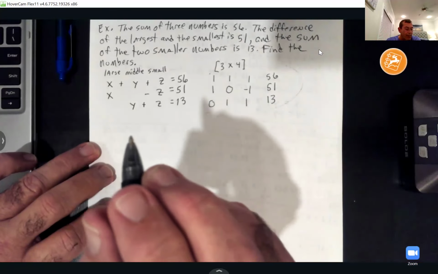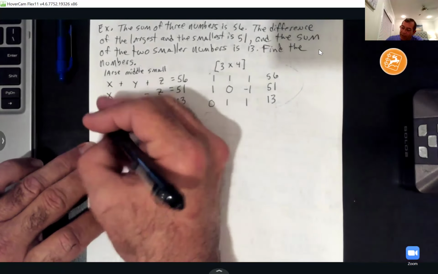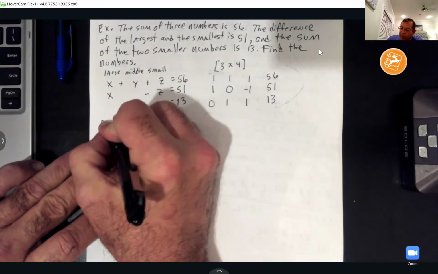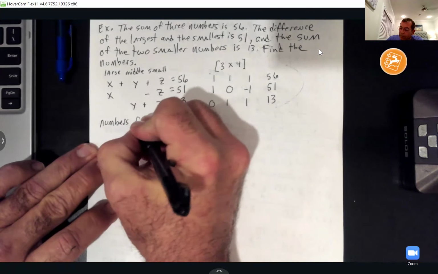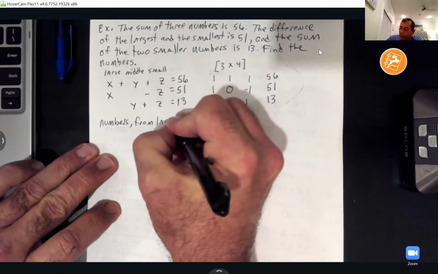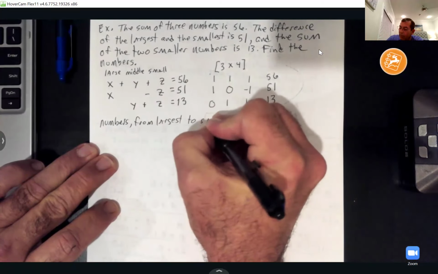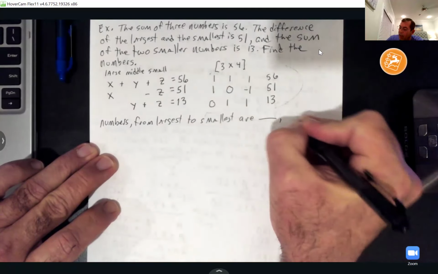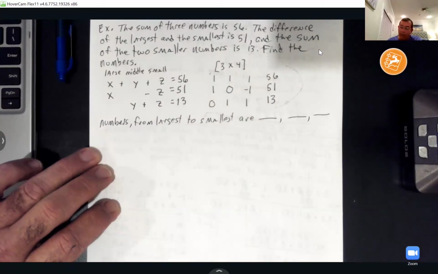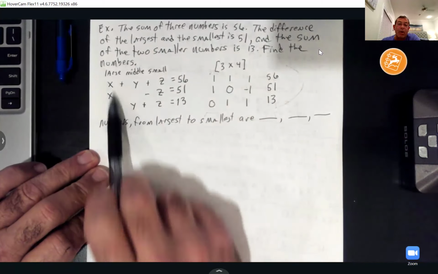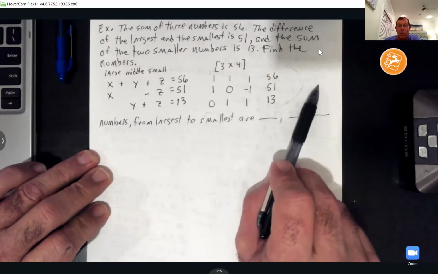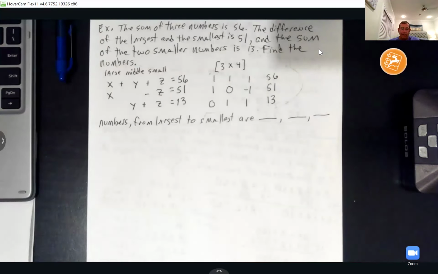And for the answer, it'll say the numbers from largest to smallest are blank, blank, and blank. Now remember, since X is my largest number, X will be the top answer I get, then the Y, then the Z. So y'all, let's go plug this in and see what our three numbers will be.